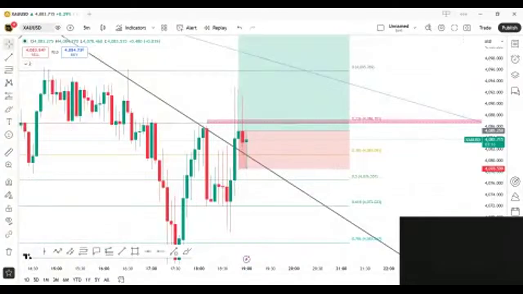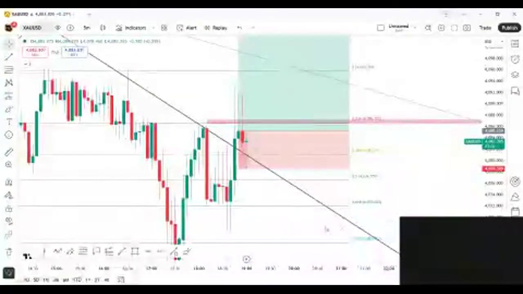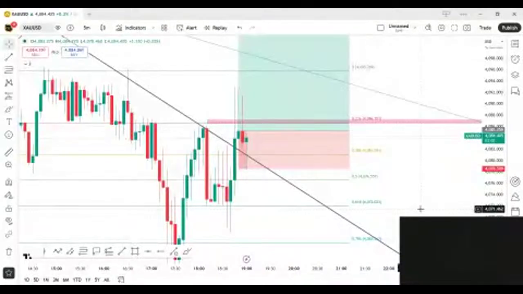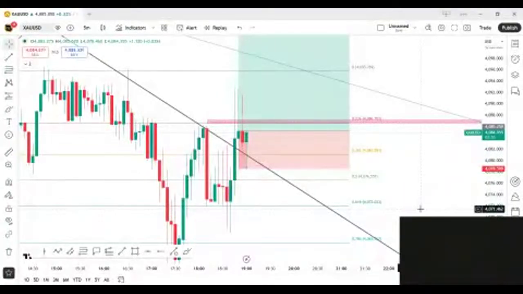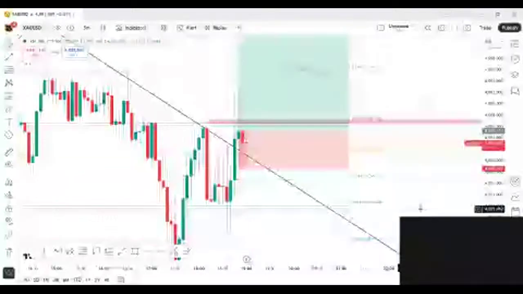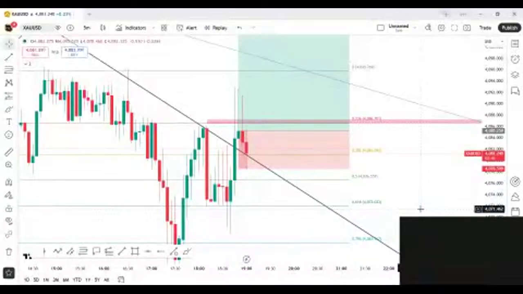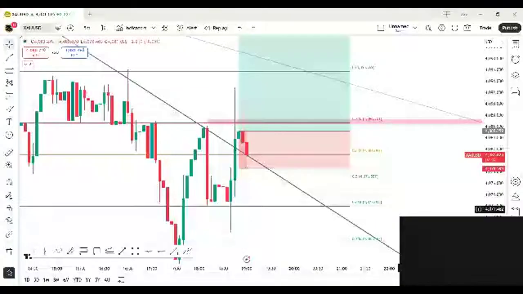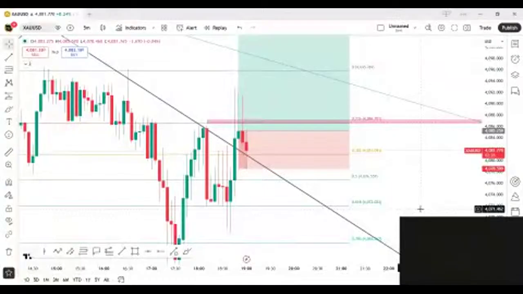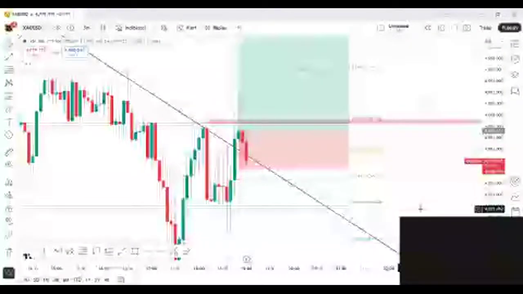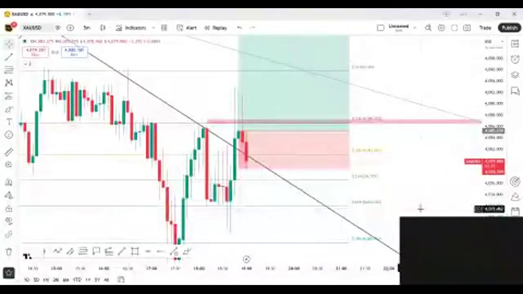If anybody is wondering, they are still in the trade, guys. If the SL is hit, I will update you guys.